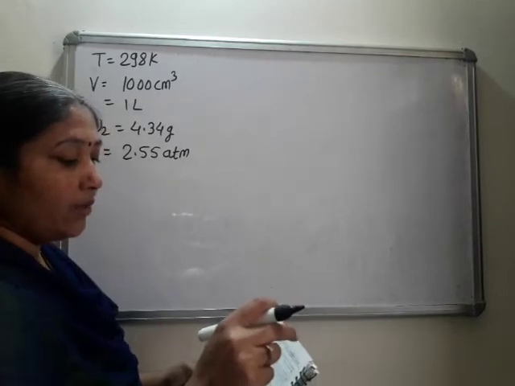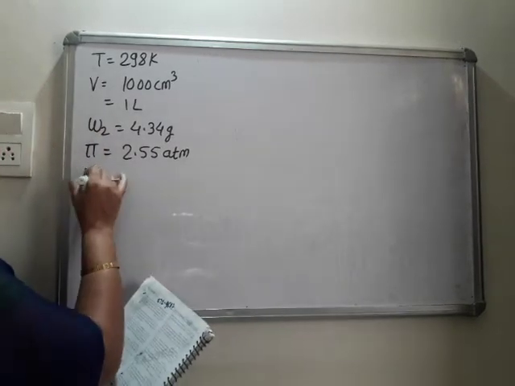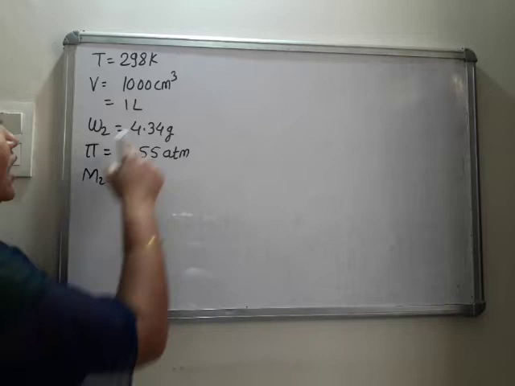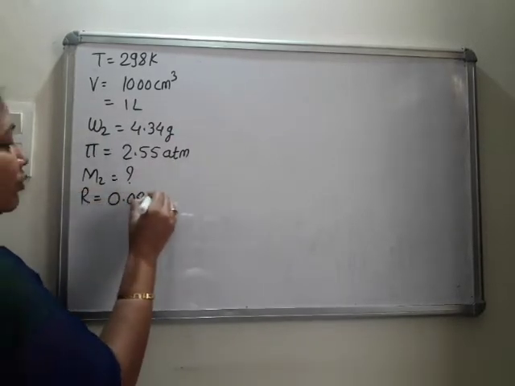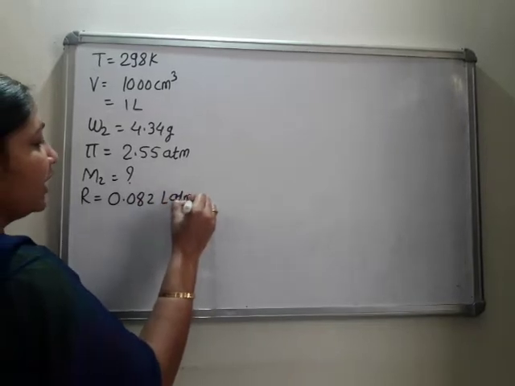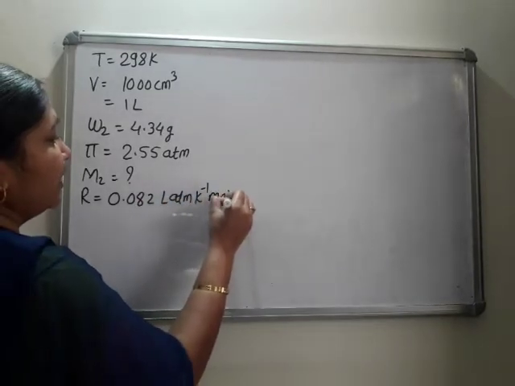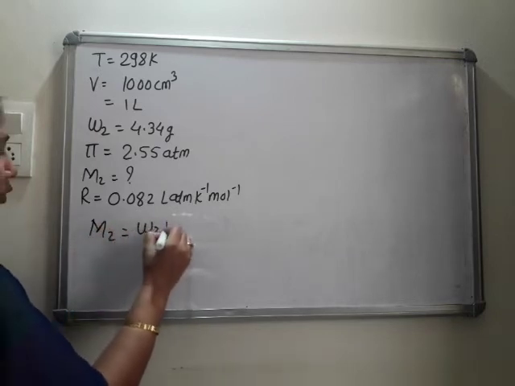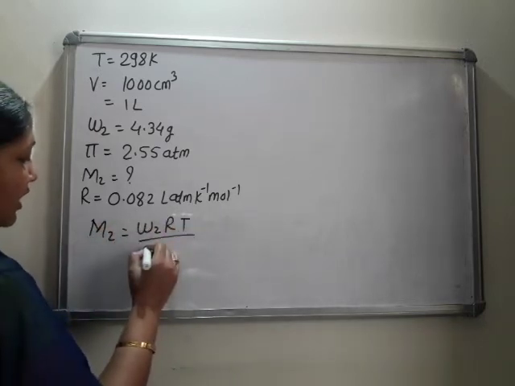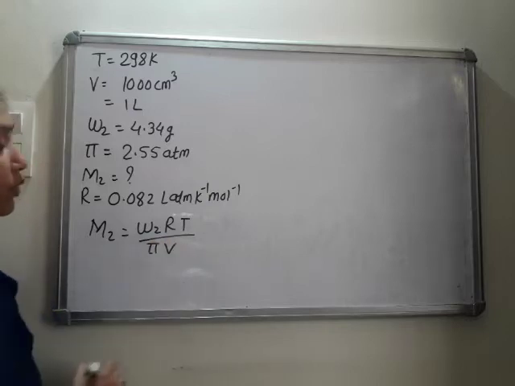What is the molar mass of solute? We have to find M2. Volume is in liter and pressure in atmosphere, so we take R as 0.082 liter atmosphere per Kelvin per mole. The formula is M2 is equal to W2 RT upon pi into V.